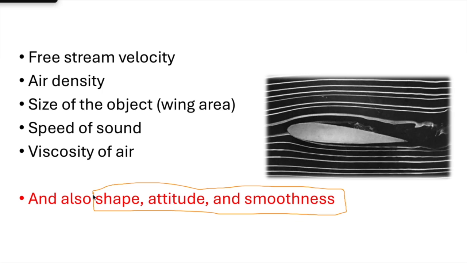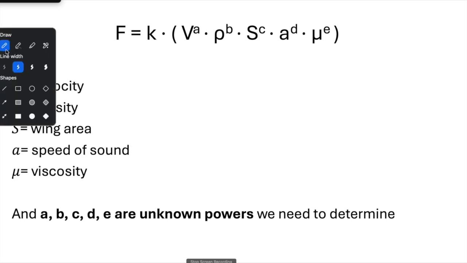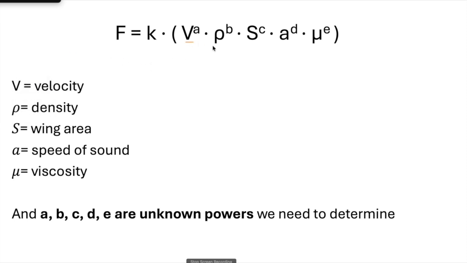So what we are going to do is group them into a constant, and we are going to call it K. Now we can take the aerodynamic force acting on the aerofoil as proportional to K, which is shape, attitude, and smoothness, times the velocity, density, wing area, speed of sound, times viscosity.